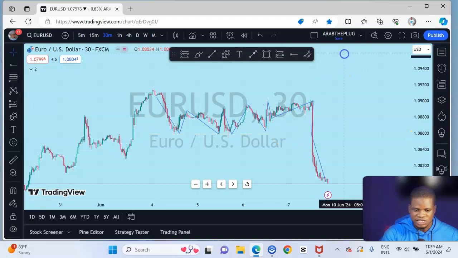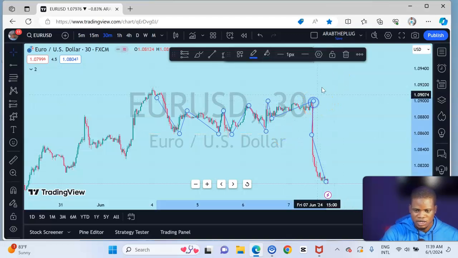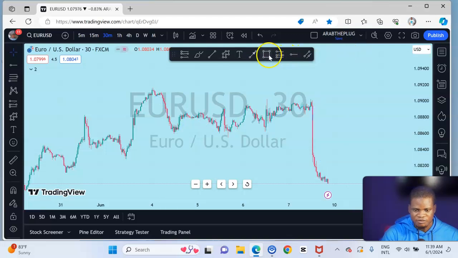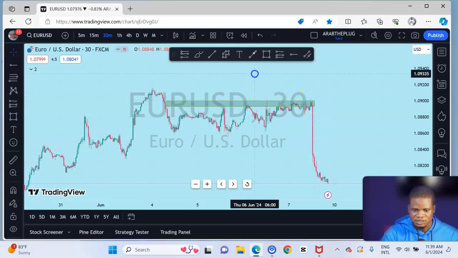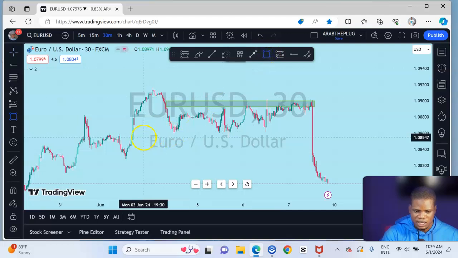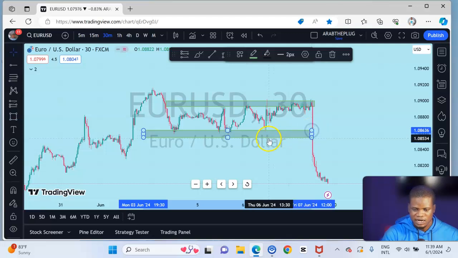I use a different tool, which I will also talk about later on in this video. So I prefer to use this particular tool to draw my support and resistance because with this tool, it draws it as an area and not a straight line. So something like this, I draw it like so that it looks like an area.